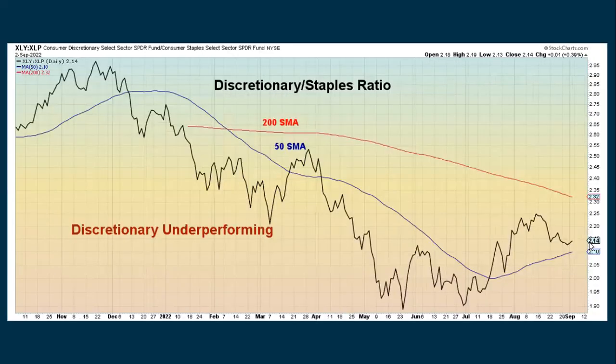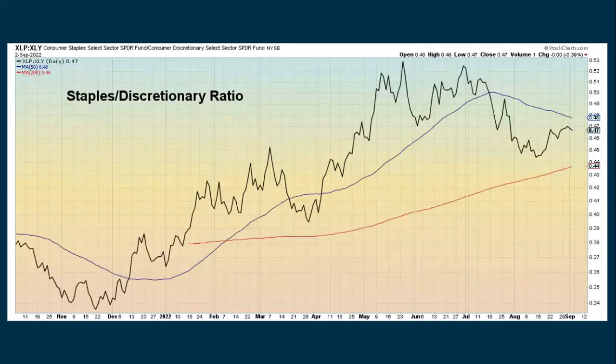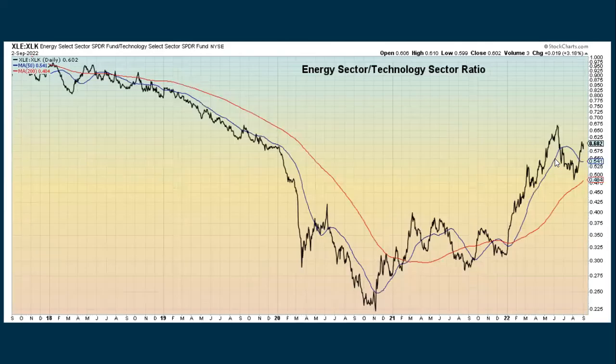Discretionary, the things that make life kind of fun, they've actually been holding up better. You see where they haven't dropped below the moving average? And the different rotation that we're seeing a lot of weakness in that rotation, but discretionary is hanging in there at this point. So we'll just want to keep an eye on that area as well. This is staples to discretionary, also not really moving as strong as some of the other areas that we're looking at.